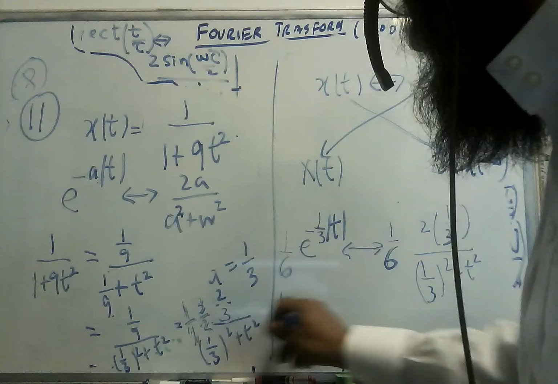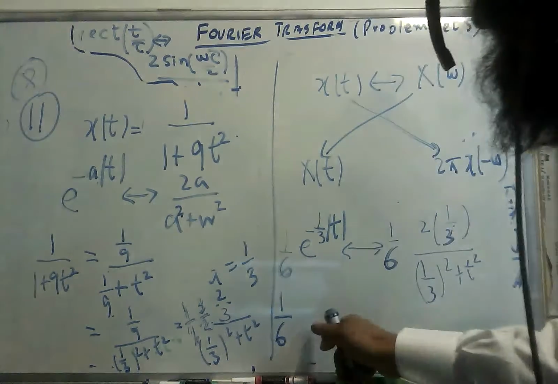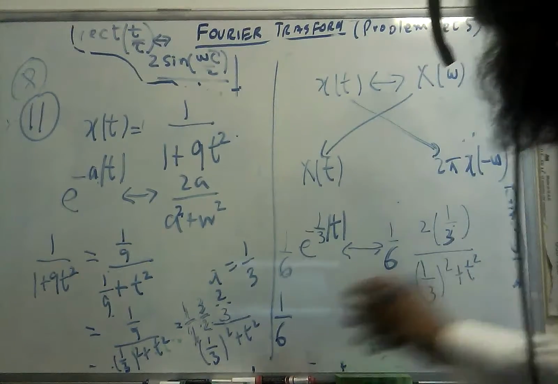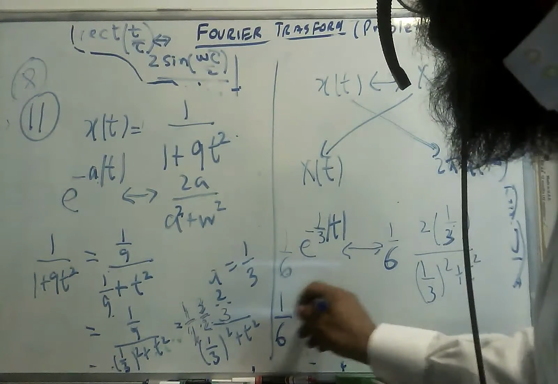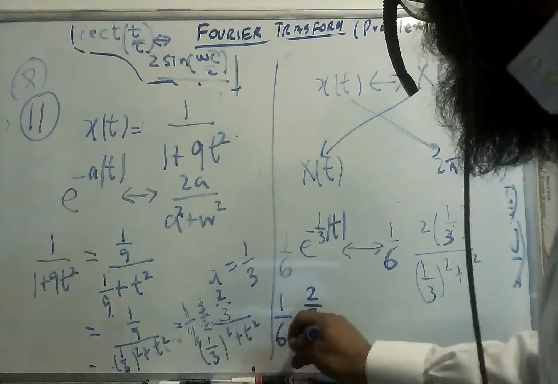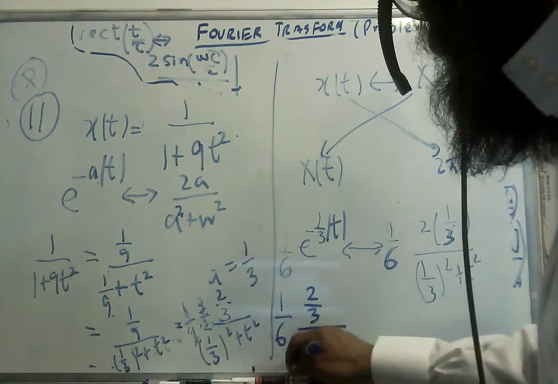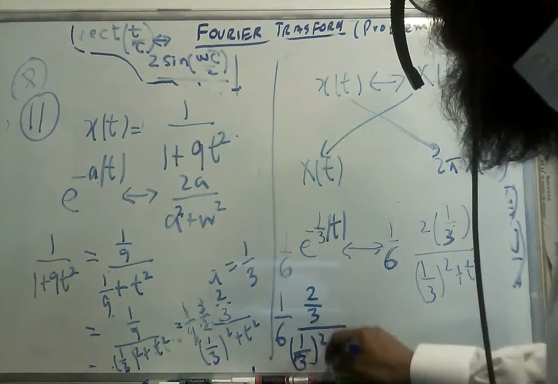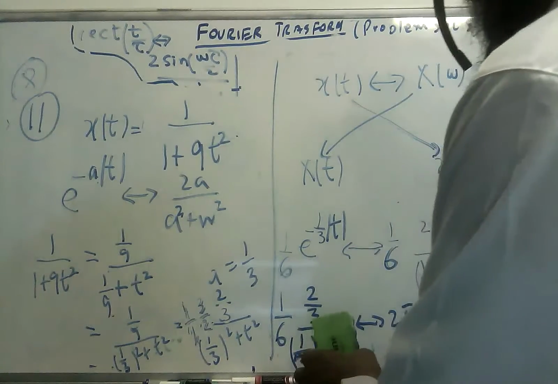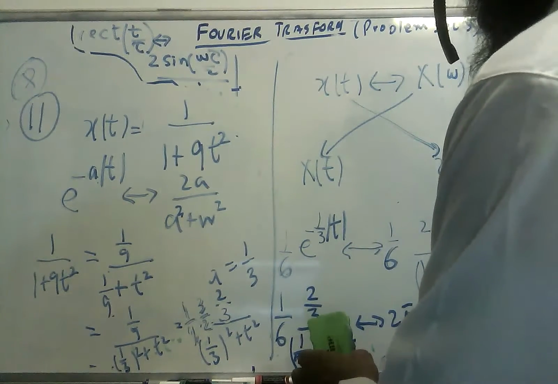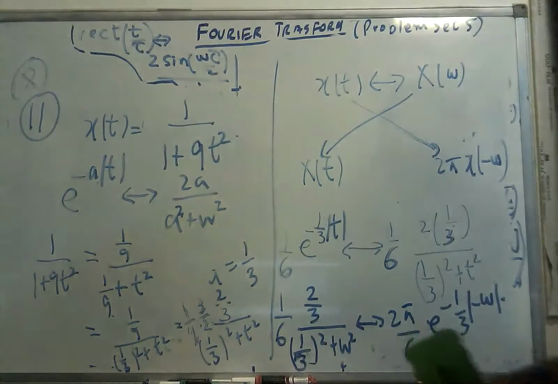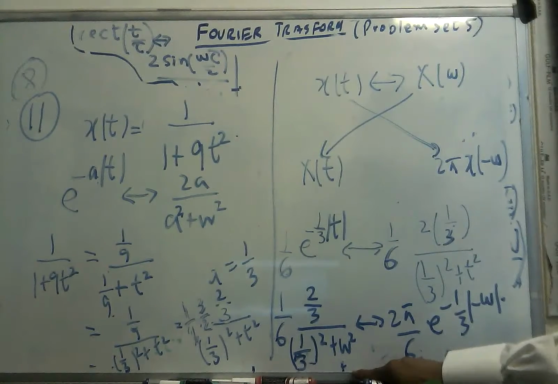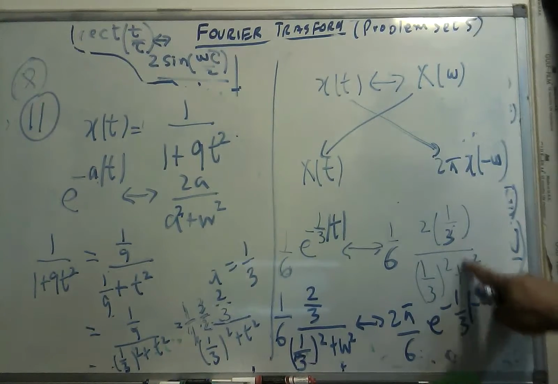Alright, now I can bring the whole thing here and replace it by omega. So 2 over 3 divided by 1 over 3 square plus omega square. I replace it by omega.